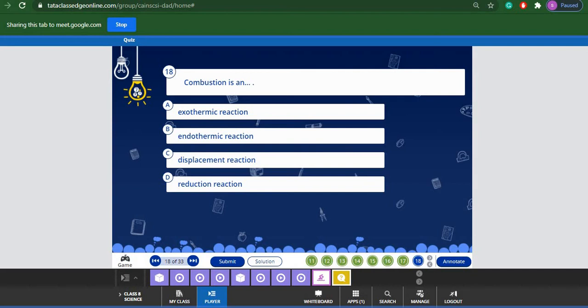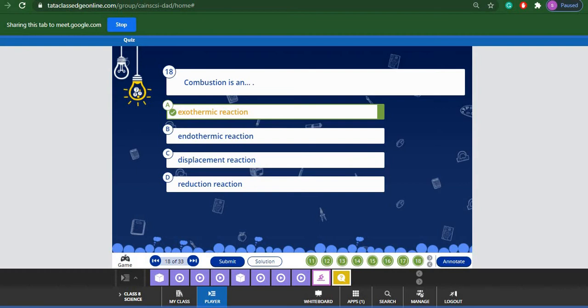Sir, D. B. No, actually it will be exothermic. It will be an exothermic reaction basically. Please everyone note down this one. This is a very important question.